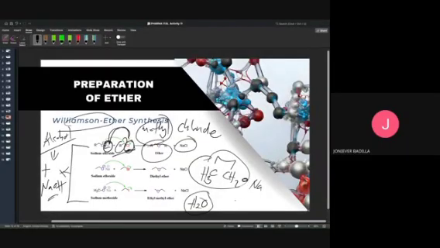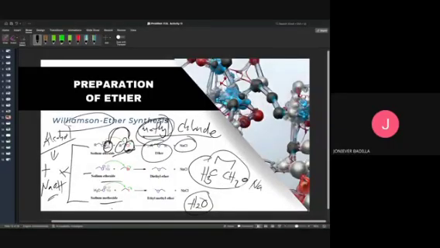But if the alcohol used is methanol and the alkyl halide used is methyl chloride, since the R groups are both methyl, they will form a symmetrical ether, dimethyl ether or methoxymethane. The same is true with the other compounds presented here, such as ethoxide and methoxide.